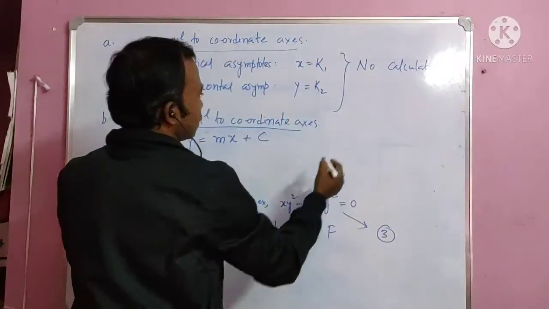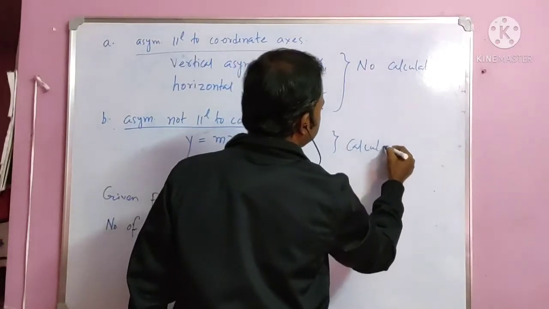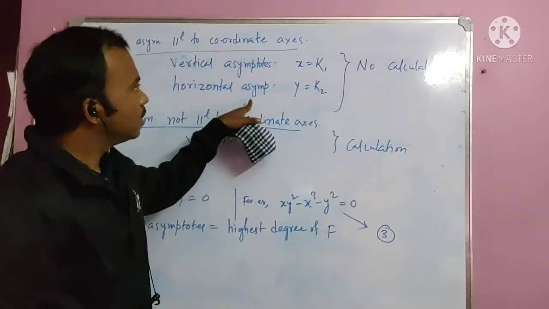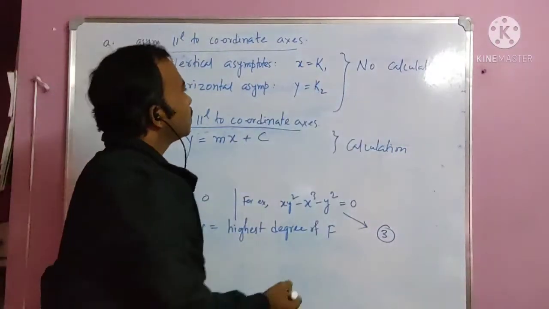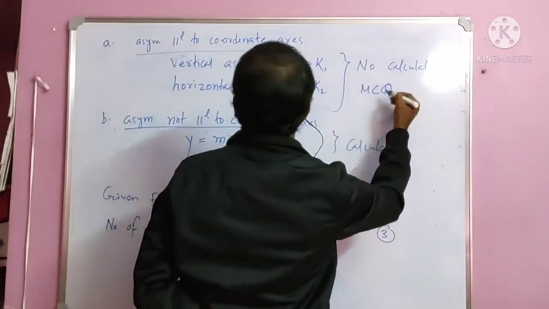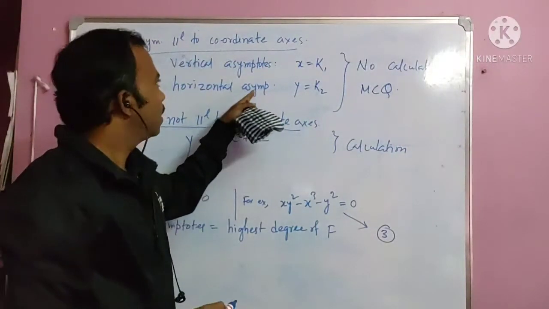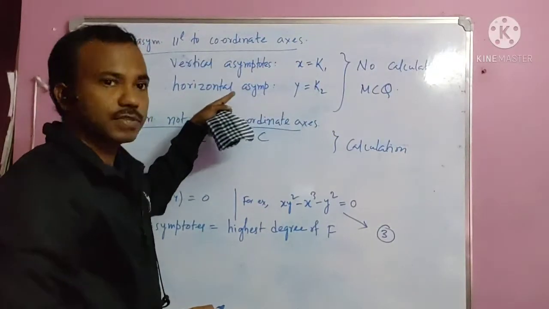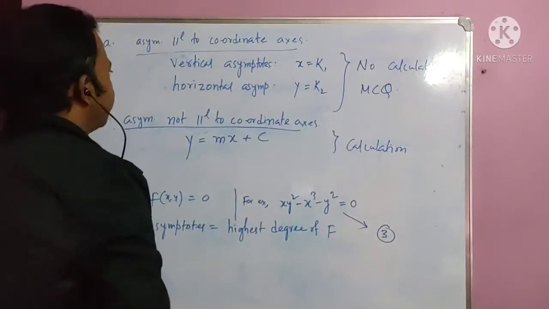And for this, a rigorous calculation is required. Now, as this can be easily solved, MCQ questions mostly target these portions. So we will first discuss these asymptotes, and after that we will go for this one.